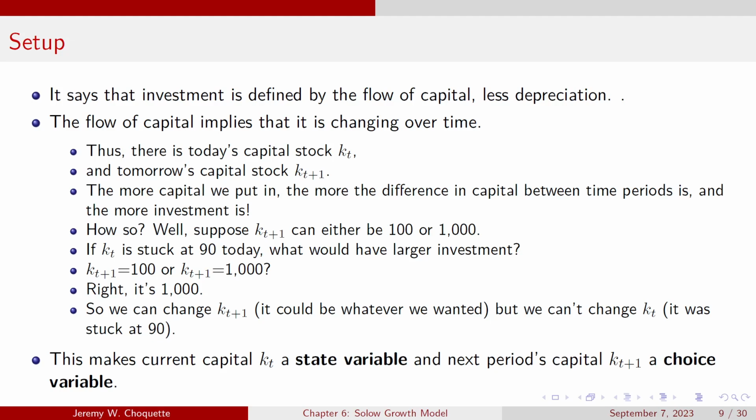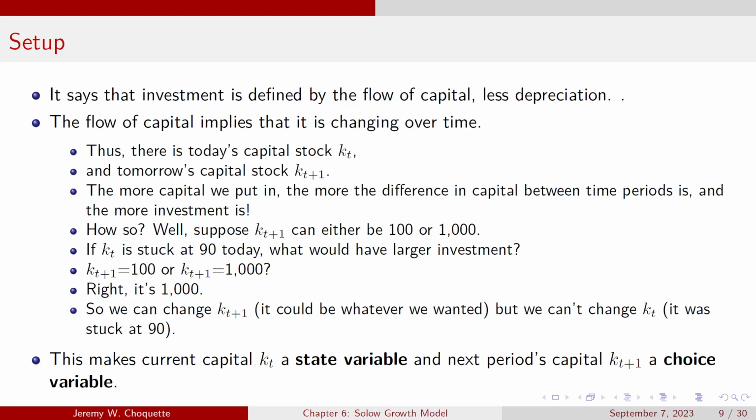Well, k_{t+1}, suppose it's either 100 or 1,000, right? If k_t is stuck at 90 today, which it is, we'll get into why in a second, which would have the larger investment? k_{t+1} equals 100, or k_{t+1} equals 1,000. Well, it'd be 1,000, right? So we can change k_{t+1}, right? It can be whatever we want. But we can't change k_t because it was stuck at 90, right?